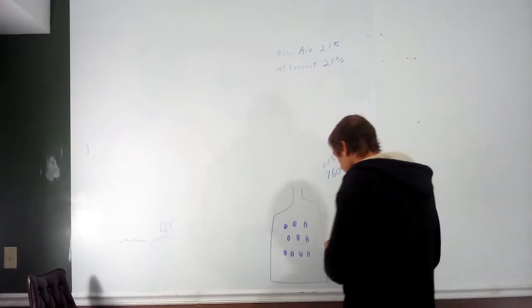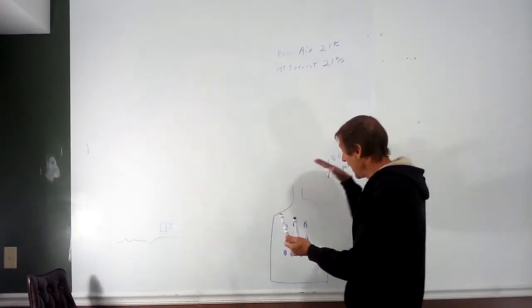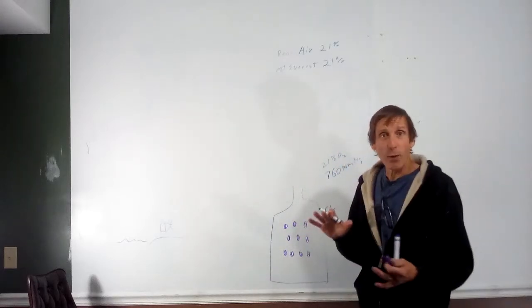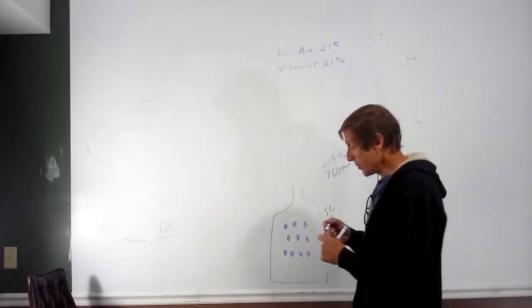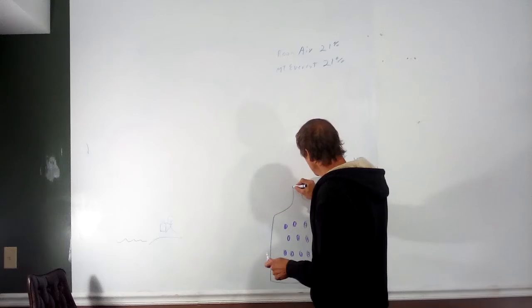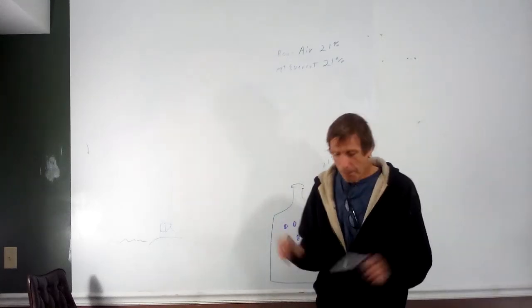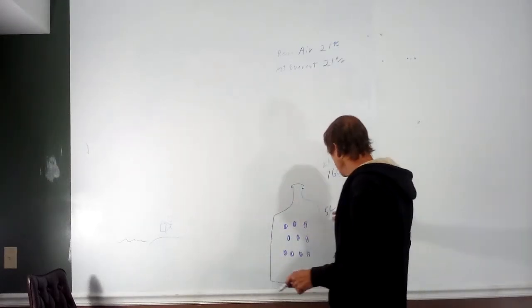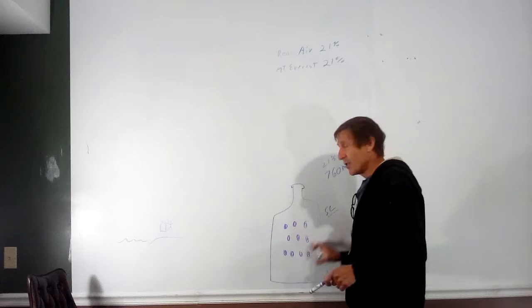There's 10 of them in there. I'm at sea level. I have 5 liters in my jug. 21% of that gas is oxygen. Now I'm going to stick a little balloon on the top of this. I just snap it over the end. It's now closed. It's a sealed system. But it still has 5 liters of gas in it, and it's 21% oxygen.